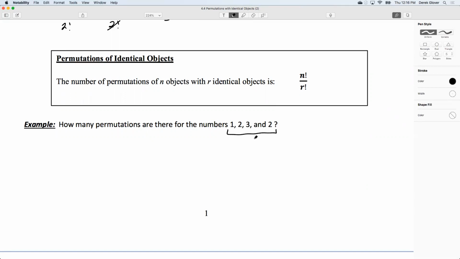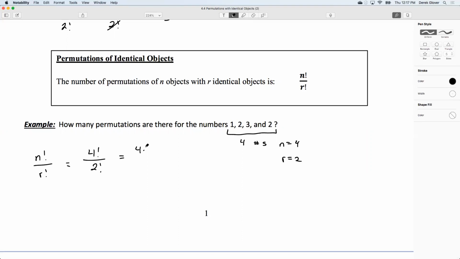We have 4 numbers. So n is going to equal 4. However, we've got 2 2's. So r is going to be 2. What we can do then is we can go n factorial over r factorial. N is 4 and r is 2.